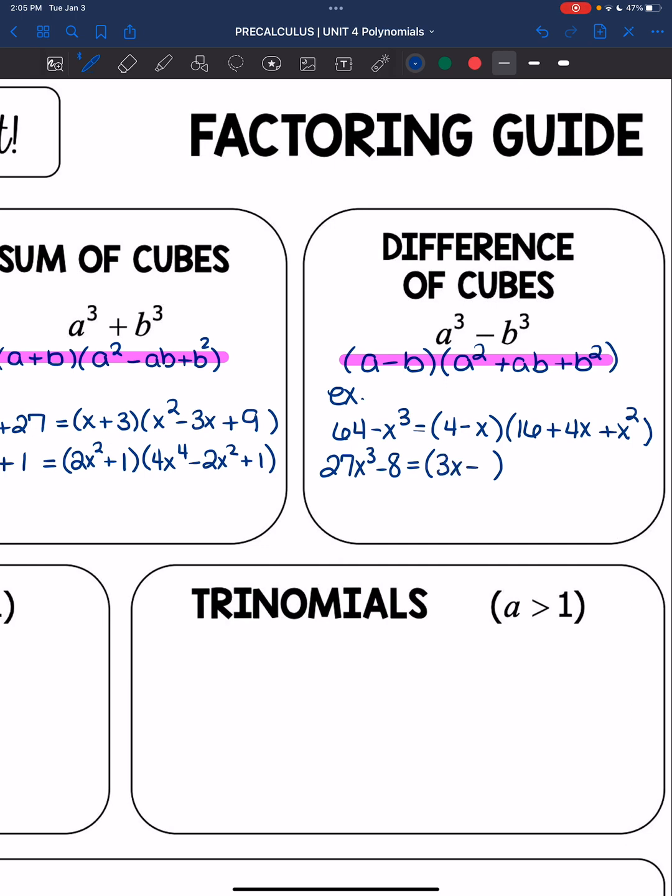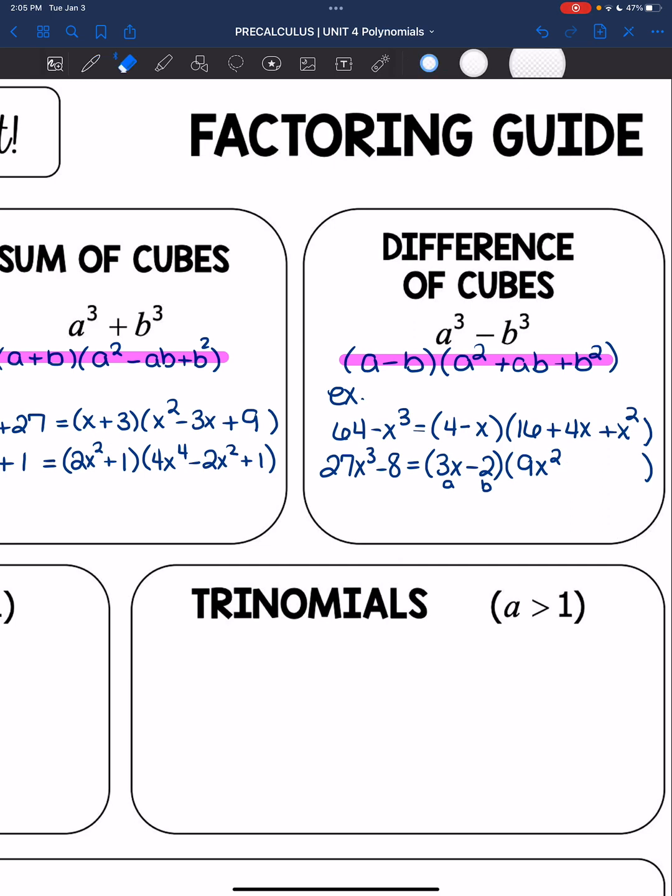And then the cube root of 8 is 2. Good. Then once you've got your a and your b, I like to call this my a and this one my b.